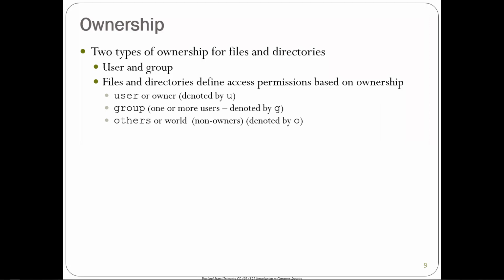There's also a group set of permissions: what privileges does someone in the group get for this particular file? And then there's the everyone else access: if you're not a group owner or the owner itself, what access do you get on this particular file? That's denoted by U, G, and O when we're using the permission commands in Linux.